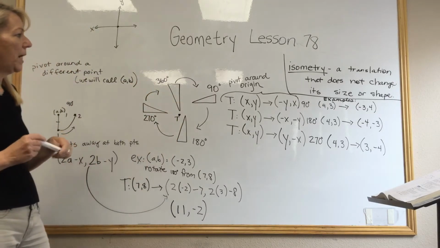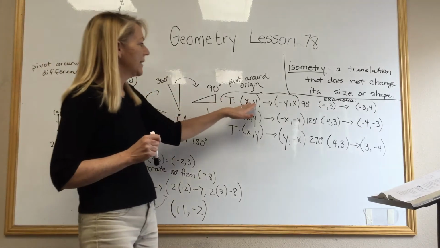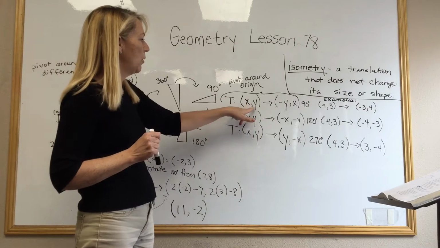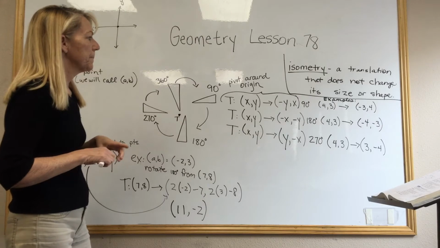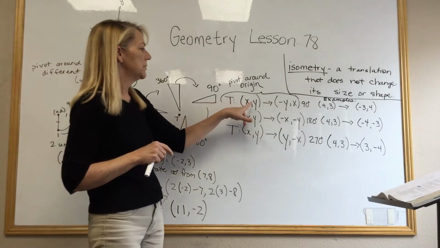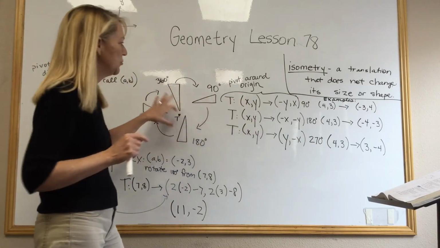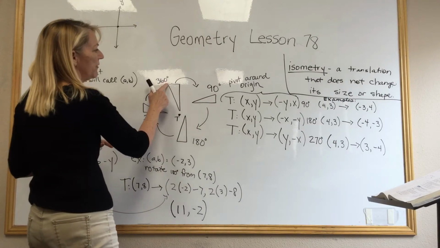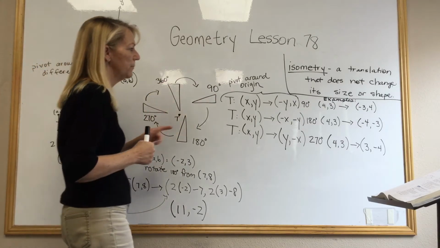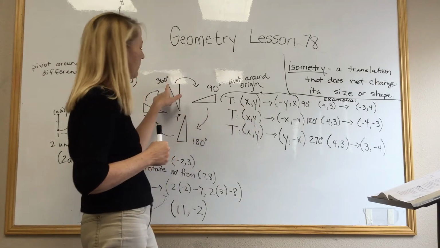So with that in mind, say x, y are the coordinates for some point on my triangle. I'm going to follow this point all the way around each time I rotate it. It's x, y right now.